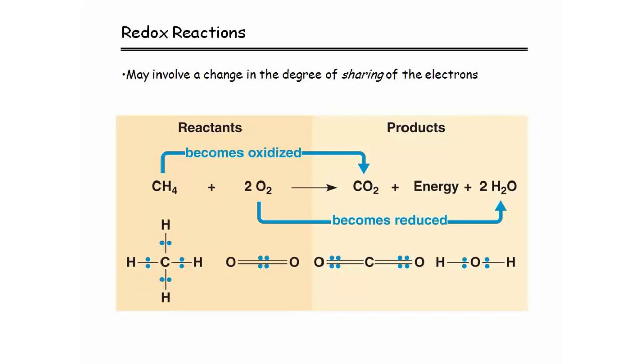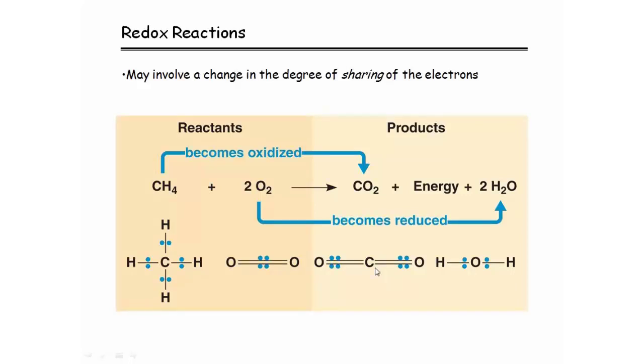If you look at the product side of this, if we take another look at the carbon, notice that the carbon now has the electrons held much further away from it. So in a way, the carbon has lost its hold on those electrons, or it is not holding those electrons as tightly. We could use the term oxidized for the carbon now.